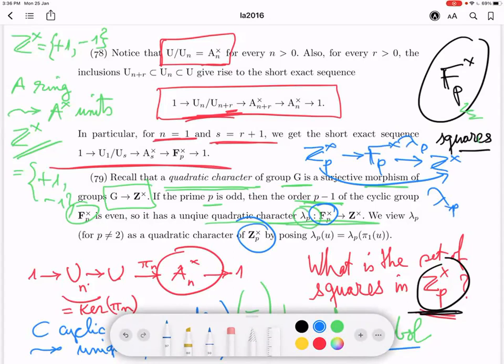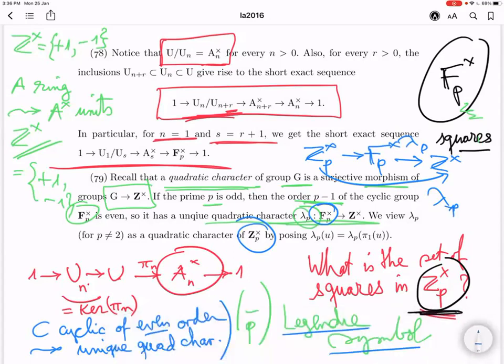So I get a quadratic character of Z_p star. Now that's a very important quadratic character. We are basically setting up notation, right?